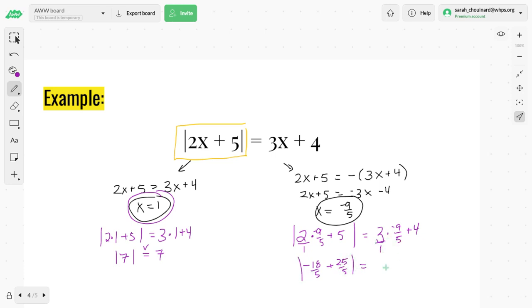And then 3 times -9/5 is -27/5. And a common denominator of 5 makes 4 into 20/5. So adding -18 fifths and 25 fifths together gives me 7 fifths. -27 fifths plus 20 fifths is -7 fifths. The absolute value of 7 fifths is not -7 fifths, so -9/5 is not a solution.